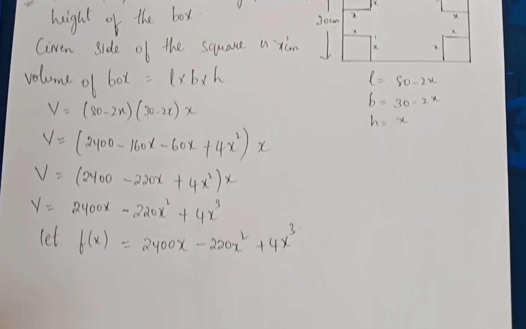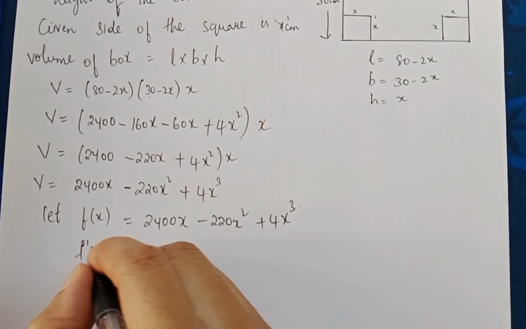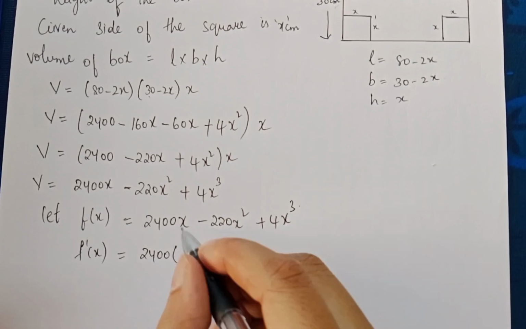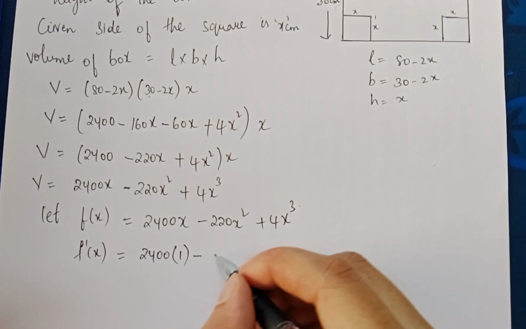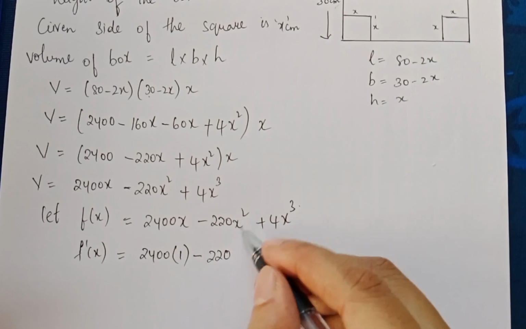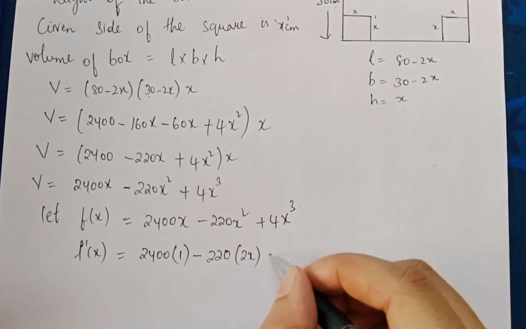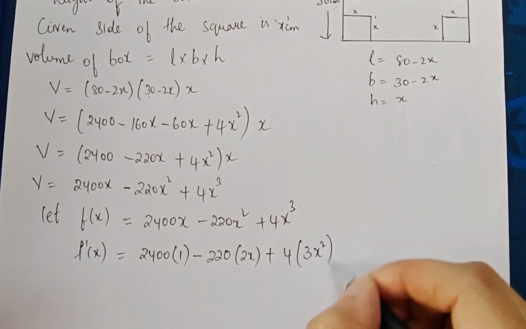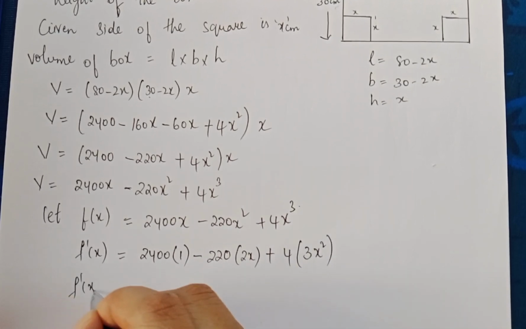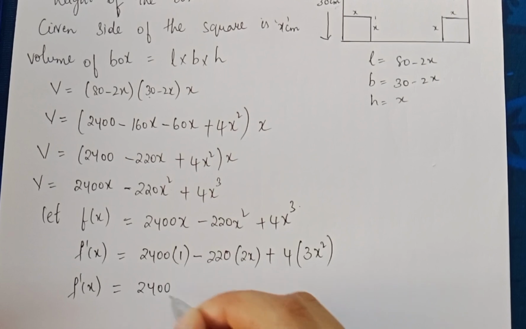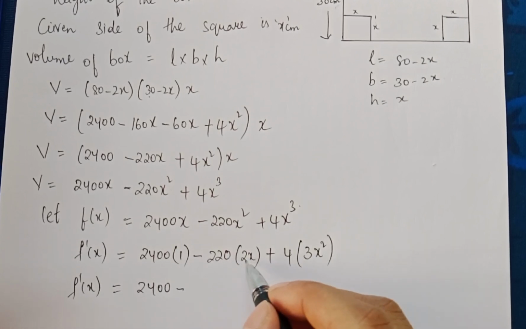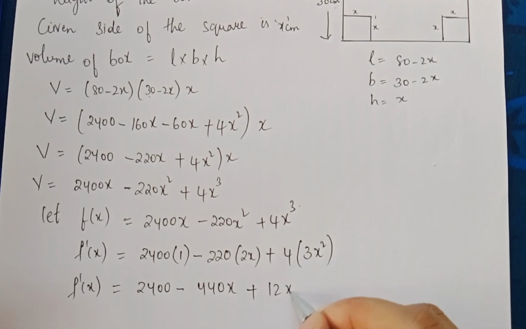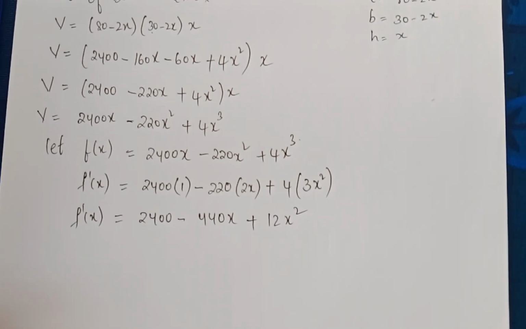Now differentiating with respect to x, f dash of x will be equal to 2400 as it is, x derivative is 1, minus 220, x square derivative is 2x, plus 4 into x cube derivative is 3x square. So f dash of x is 2400 minus 440x plus 12x square.